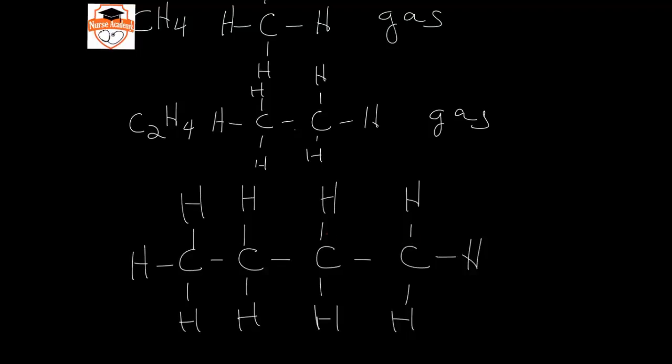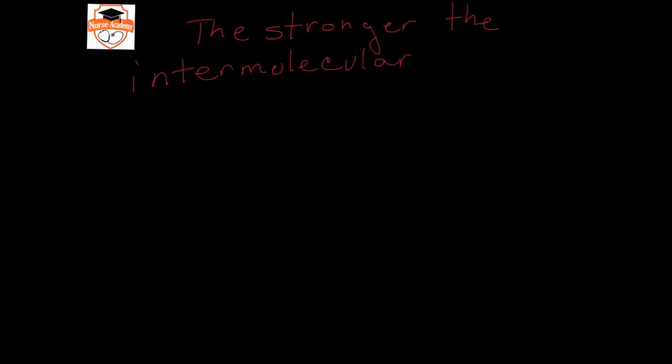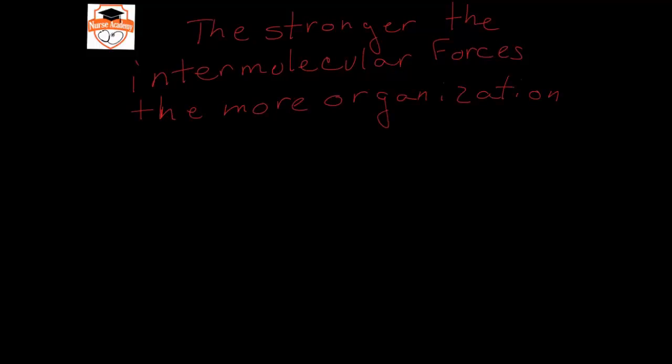This one is a liquid at room temperature because it has more dispersion forces. So the stronger the intermolecular forces, the more organization you're going to see in the compound, and the more heat it requires to disrupt it. So the higher the boiling point, the higher the melting point, the stronger the intermolecular forces.